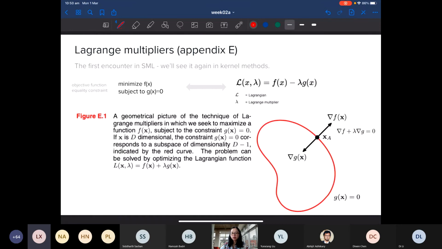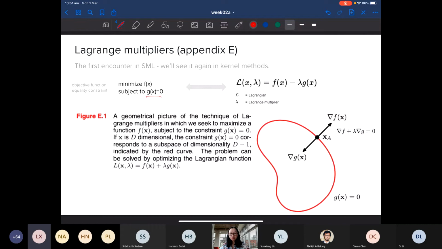This red curve in the space of x, or in the space of the weights in this case. So any high-dimensional equation is a curve in the space of x. So we can understand that.